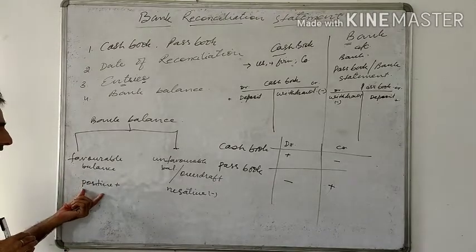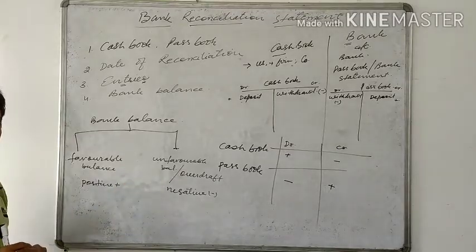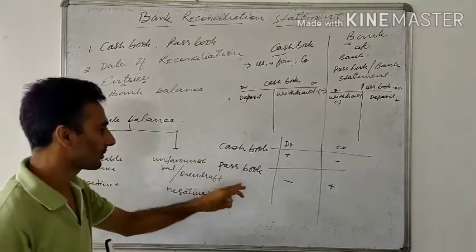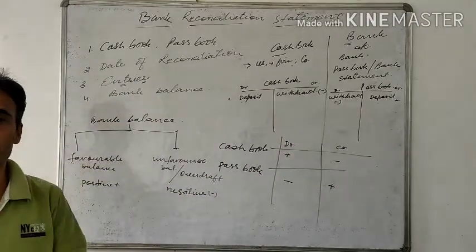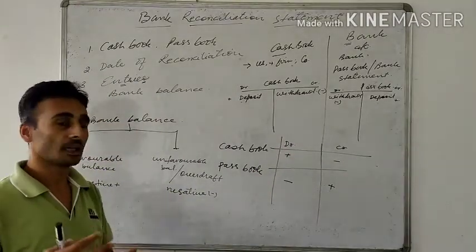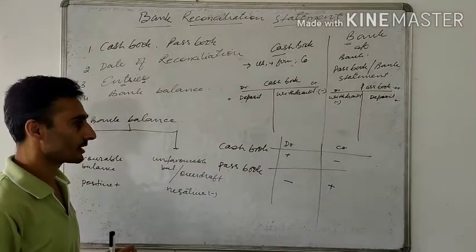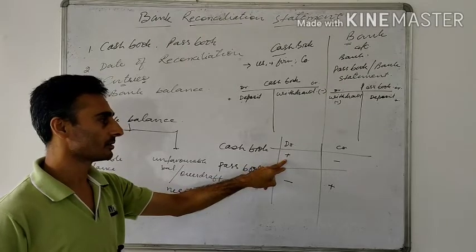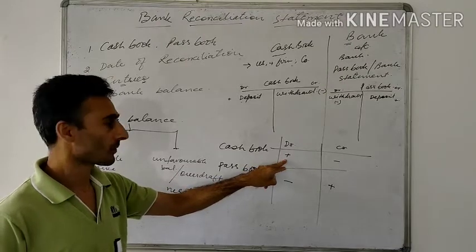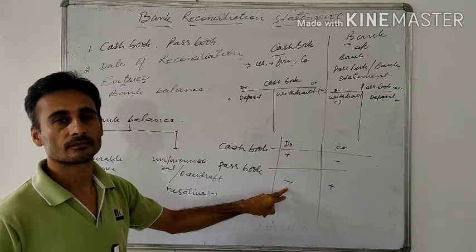Favorable balance means positive balance, unfavorable balance means negative balance. Now when it comes to the cash book and passbook, we always talk in terms of debit and credit balance. We say debit balance or credit balance. A debit balance in the cash book means positive. A debit balance in the passbook means negative balance.